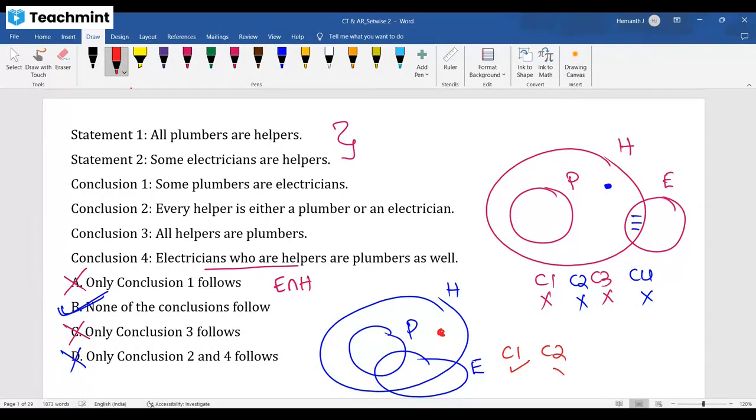Second one wrong. All helpers are plumbers. Third one wrong. Electrician who are helper, this guy, electrician as well as helper, but not in plumber. Fourth one wrong. At least second, third, fourth out. Some people draw this diagram and claim the answer. No, it should be true in all diagrams. Please get that maturity.